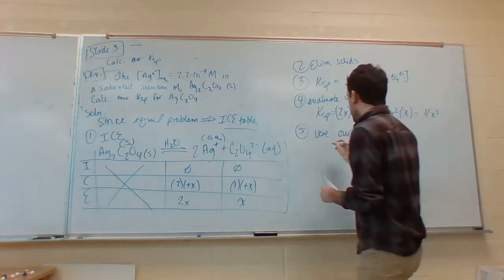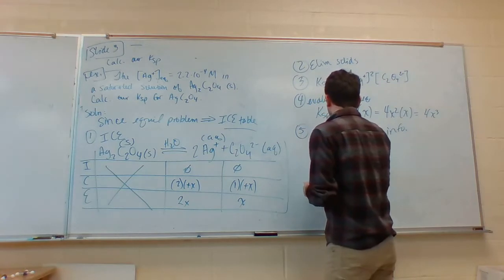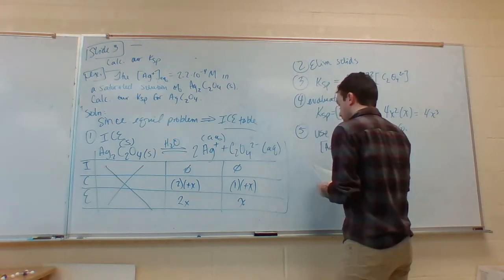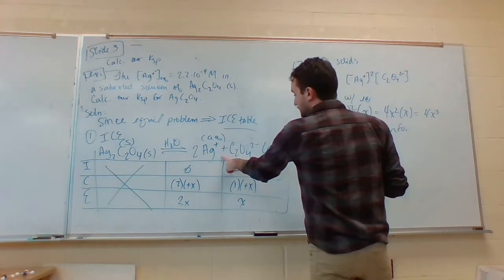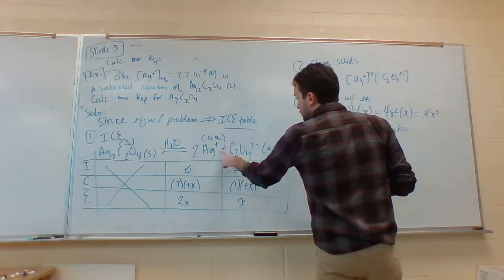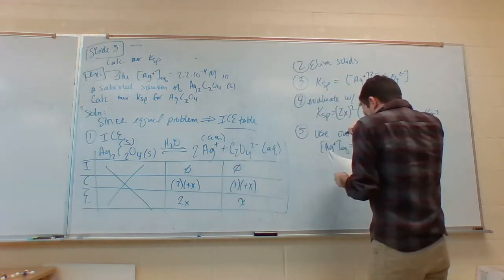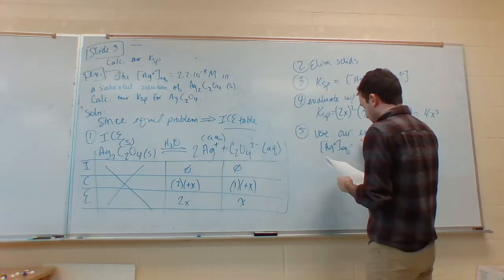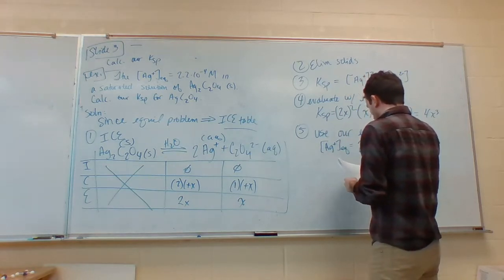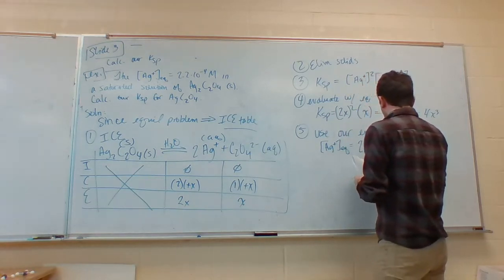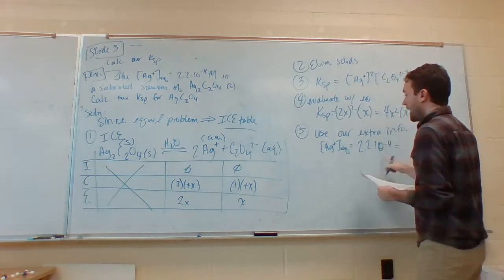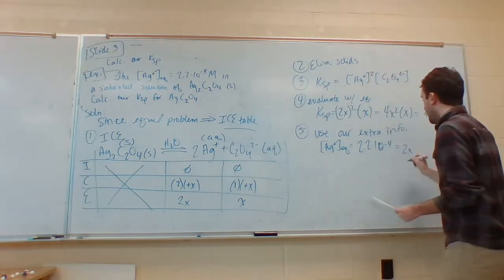We know that the concentration of Ag plus at equilibrium corresponds to 2. We know that this is equal to 2.2 times 10 to the negative fourth, and that at equilibrium is equal to 2x.